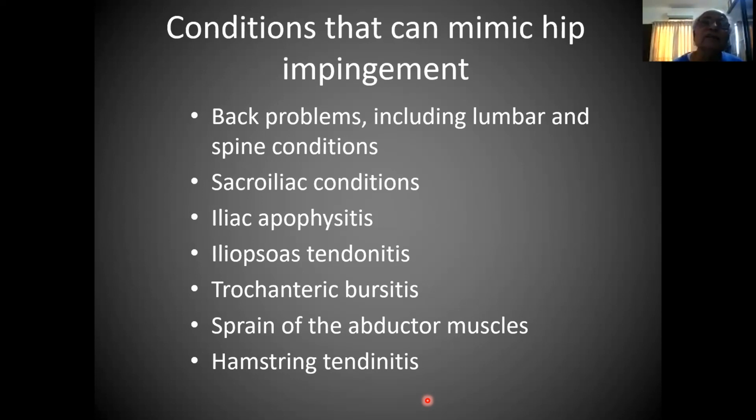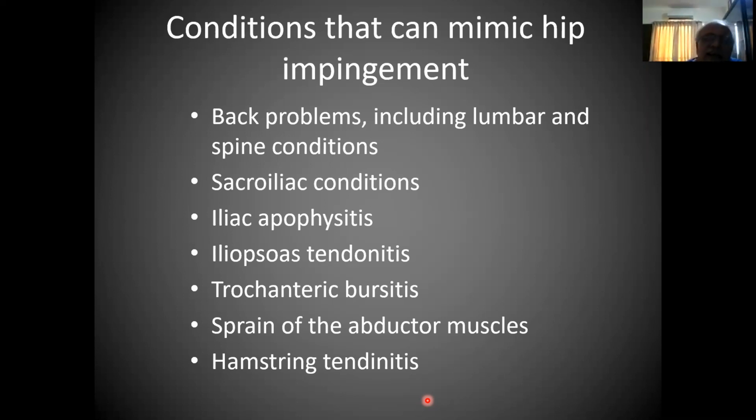Conditions that can mimic this. That's why we have to be very careful, because we see a lot of patients with abnormal morphology that may not be symptomatic, which I will come to. There is a very important paper from India, because on X-ray you see some signs, but the patient will not have any pain, whatever movement they do.